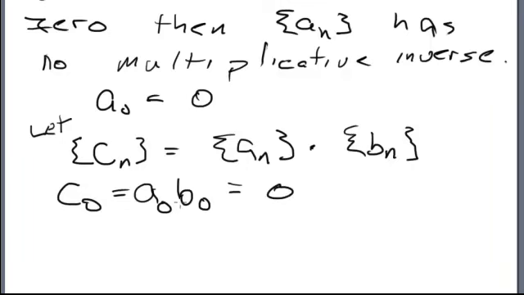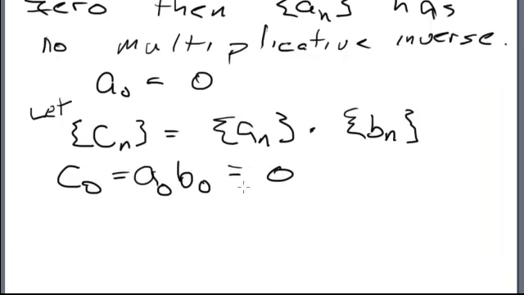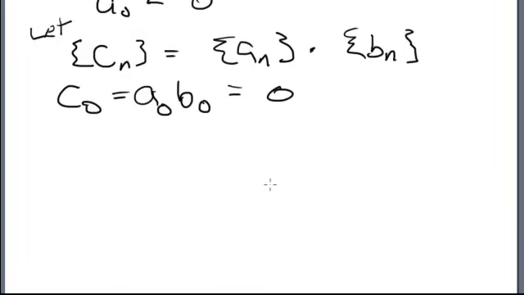The multiplicative identity has a constant term equal to 1. So the constant term of the product of anything that I multiply by a_n is going to be 0. So a_n has no multiplicative inverse. That proves it.